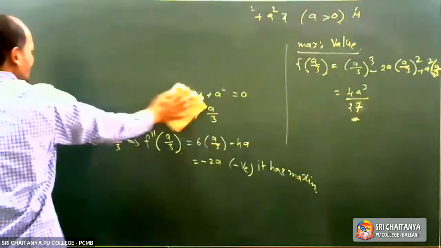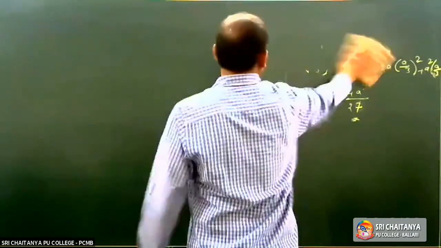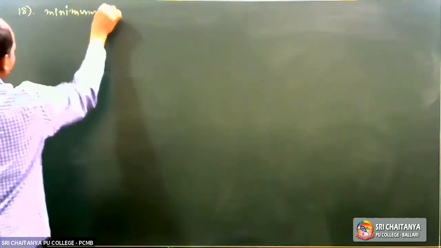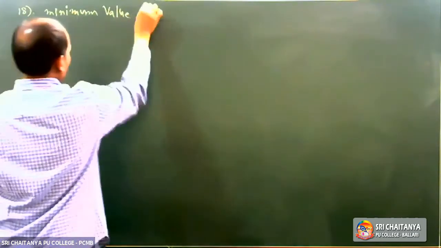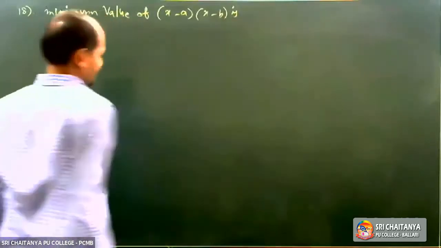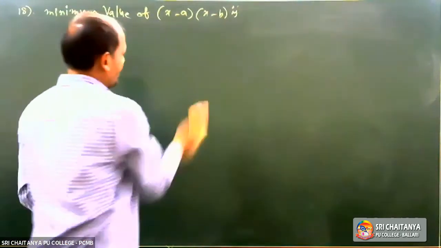Write down. Minimum value of x minus a into x minus b is.